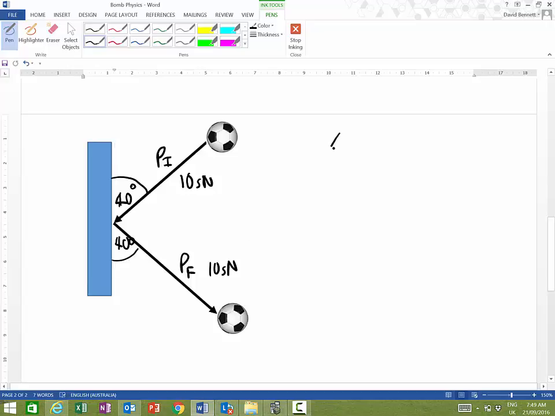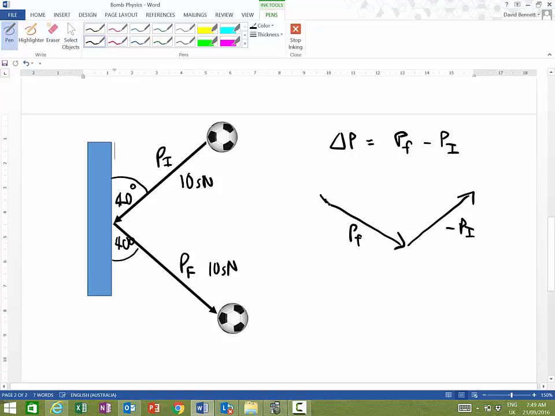The change in momentum is equal to the final momentum take the initial momentum. As a vector addition, that means our final momentum minus our initial momentum, so minus our initial momentum would be going that way, and that's p final.